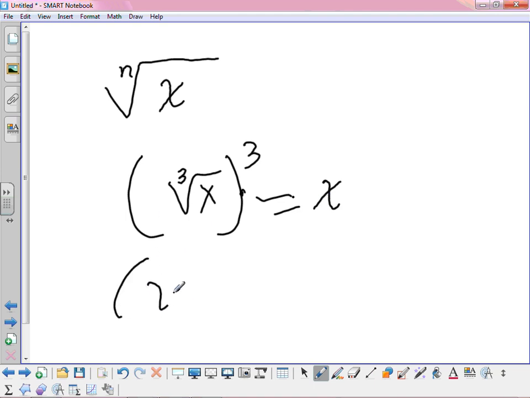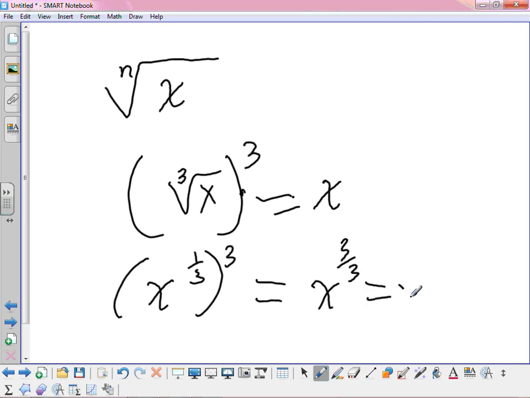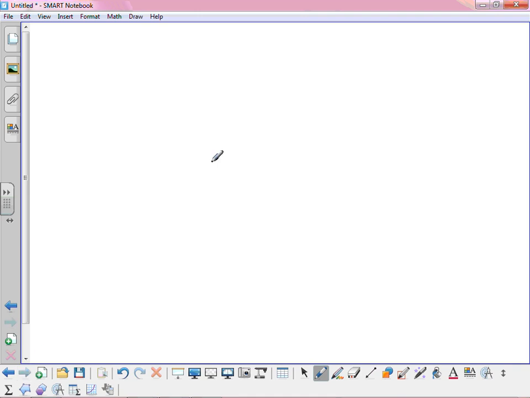But if I write x to the 1/3 and I cube that, what happens if you use the exponent rules? Do we get x to the 3/3? Or x, right? So because of exponent rules, these two creatures must be the same thing. So the 1/n power of x is the same as the nth root.